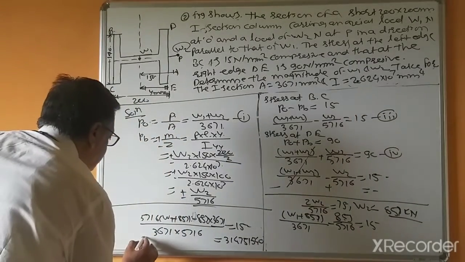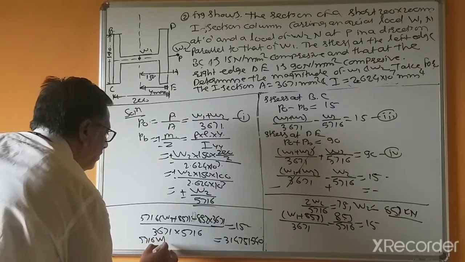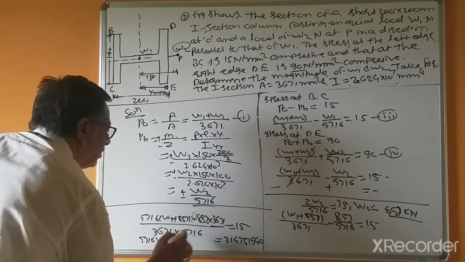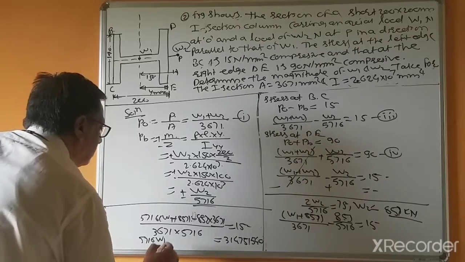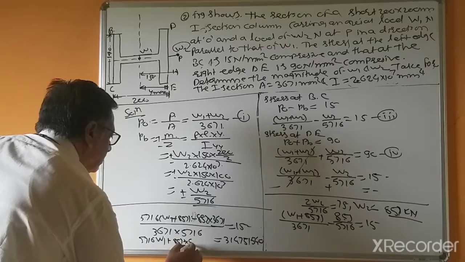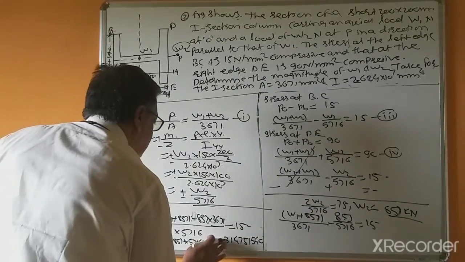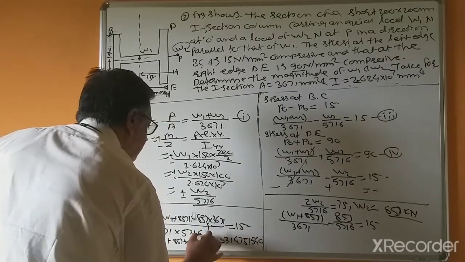Now this is 5716 W1 plus 857, 5716 minus these values.